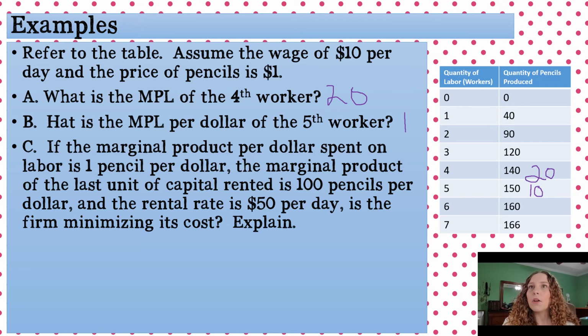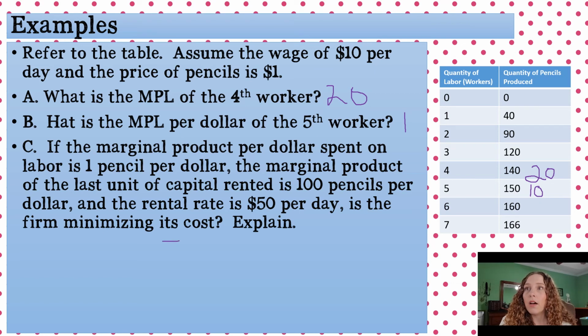If the marginal product per dollar spent on labor is 1 pencil per dollar, which we just figured out, and the marginal product of the last unit of capital rented is 100 pencils, and the rental rate is $50 per day, is the firm minimizing its costs? We already know the marginal product of labor per dollar is 1.